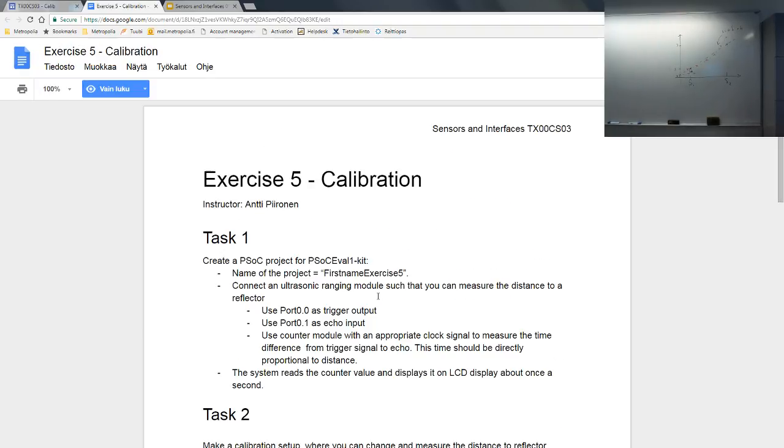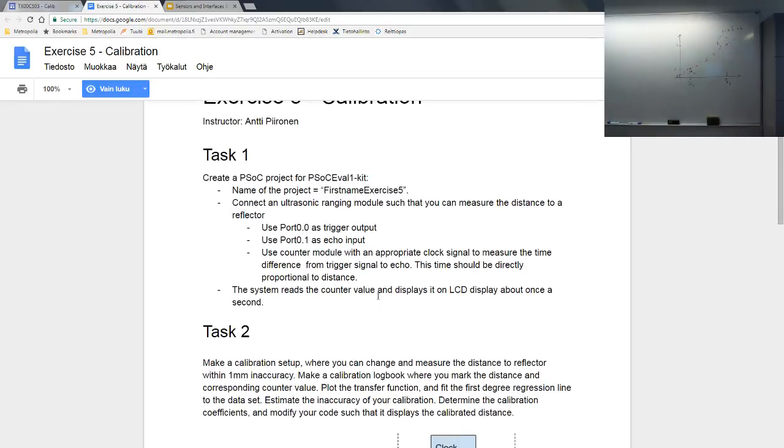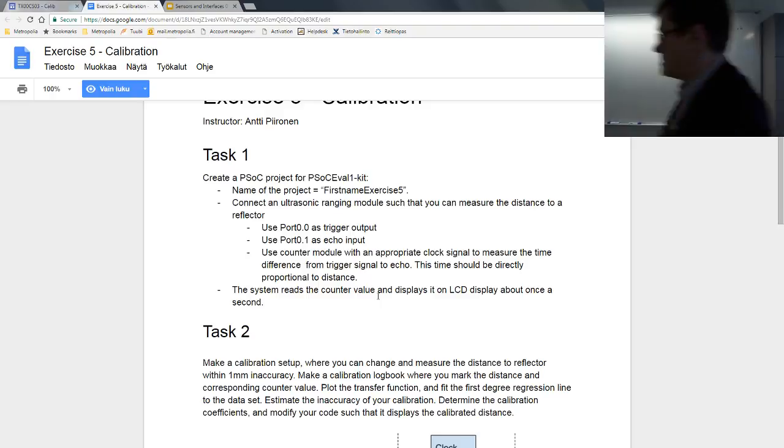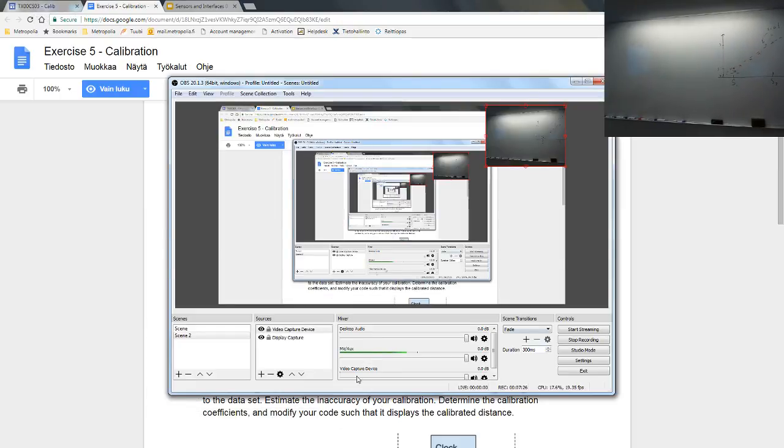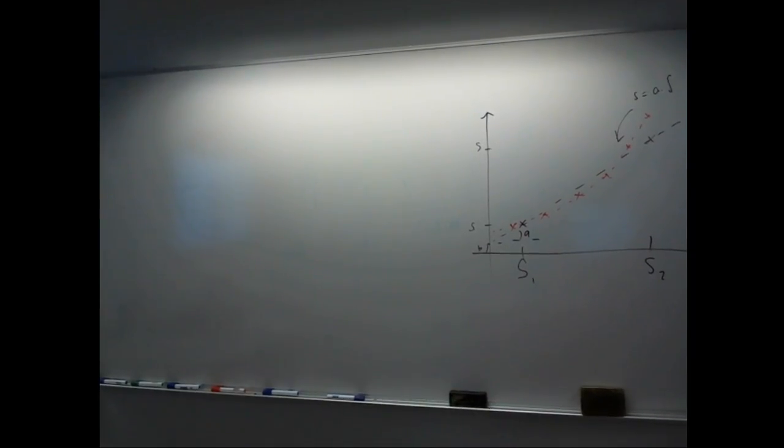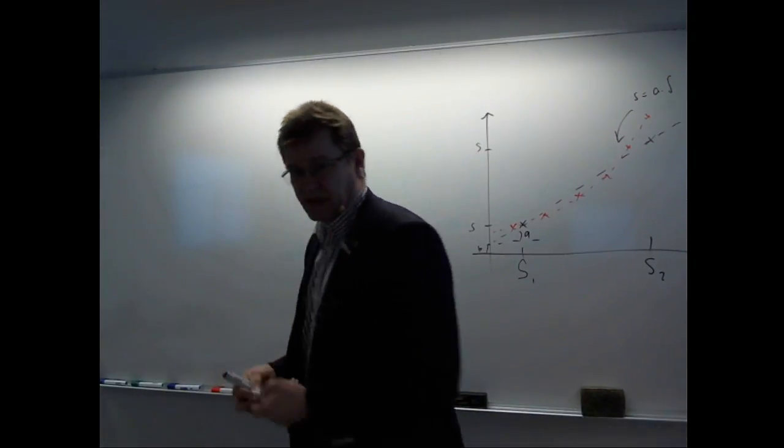We actually have this nice ultrasonic ranging module, which works in a way that first you send a trigger signal, and then it should return an echo, which is proportional to the time it takes for that acoustic signal to bounce back from the wall or something like that. Okay, good. So the setup is simple.